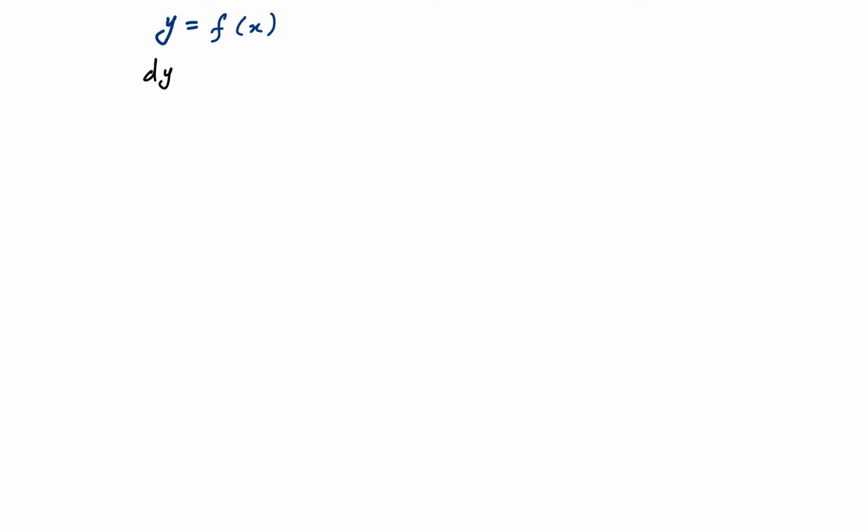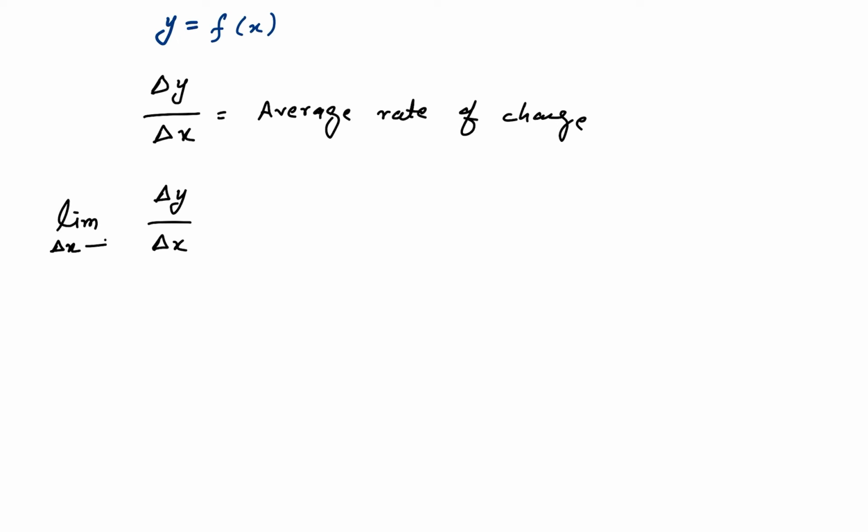And when the change in x is very small, nearly approaching 0, then such an average rate of change is called the derivative of the function, or we can say it is the instantaneous rate of change of the dependent variable with respect to the independent variable.